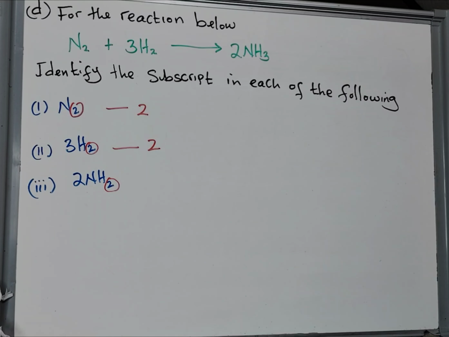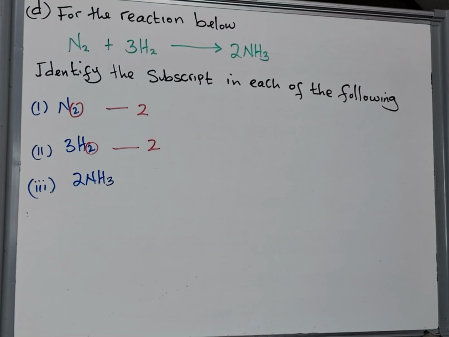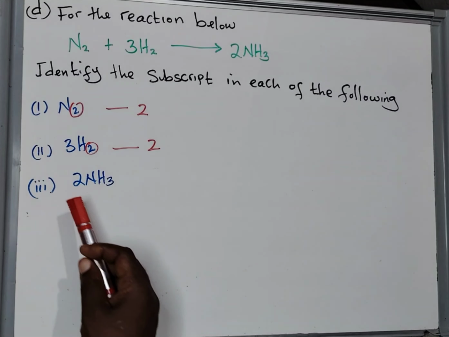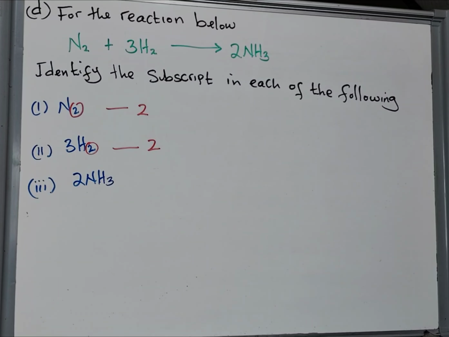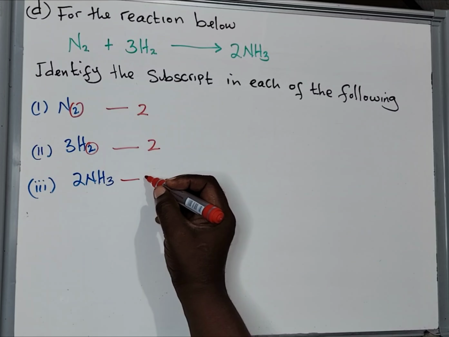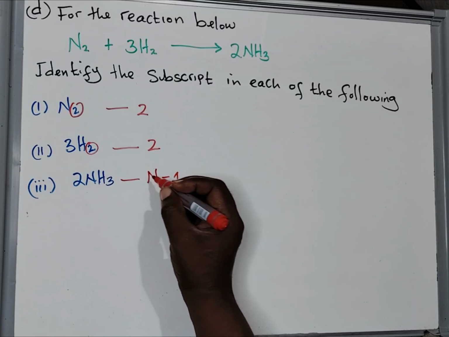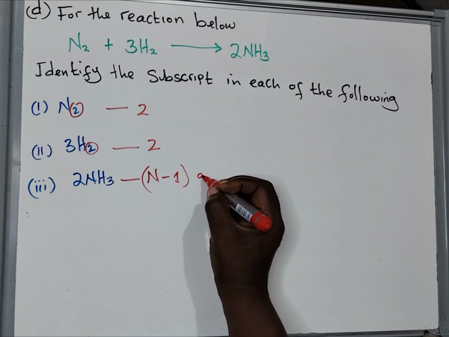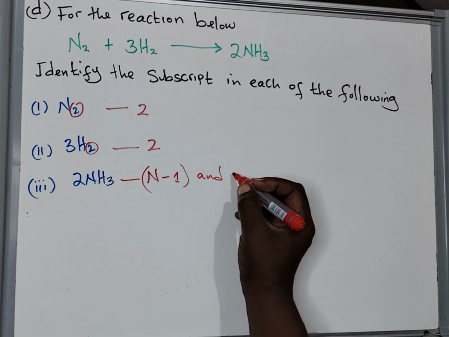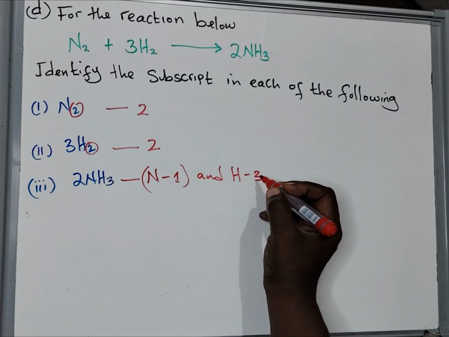Actually, we made a mistake here. This was supposed to be 3. So what is the subscript for this? Here, you have to know that for nitrogen, it is 1. And for hydrogen, it is 3.